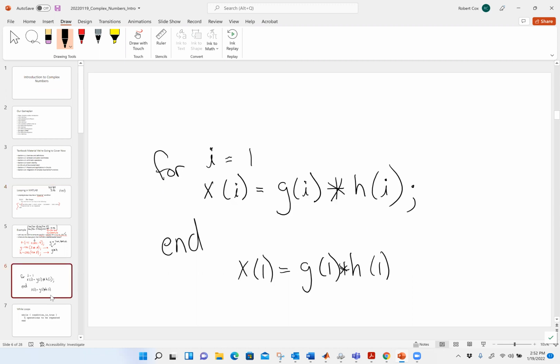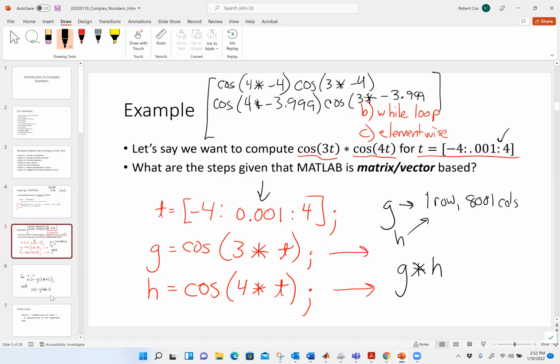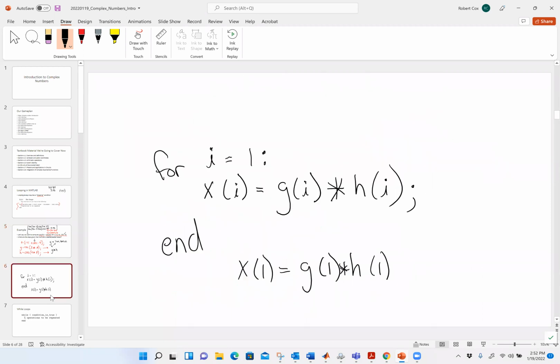So my increment value is going to be what? What do I want I to go up by every time? Well, I want the time vector to go up by 0.001. That's right. But if my time vector is going up by 0.001, I want my I vector to go up by 1, right? Because the next index corresponds to an increase in time by 0.001, right? So this would be 1.